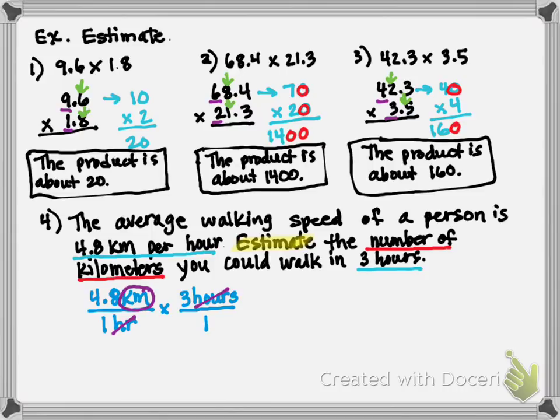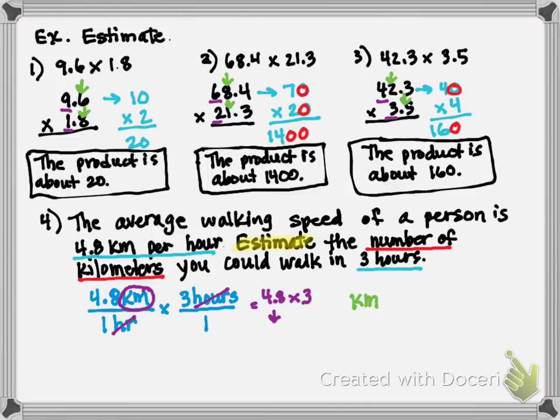Okay, so now we need to do the second bit of this. I know what my answer is going to be. It's going to be in kilometers. So I'm going to put that in already. And then let's go back to our numbers. We have 4.8 times 3. So we're going to take 4.8 and we're going to round it. Remember how we do that?